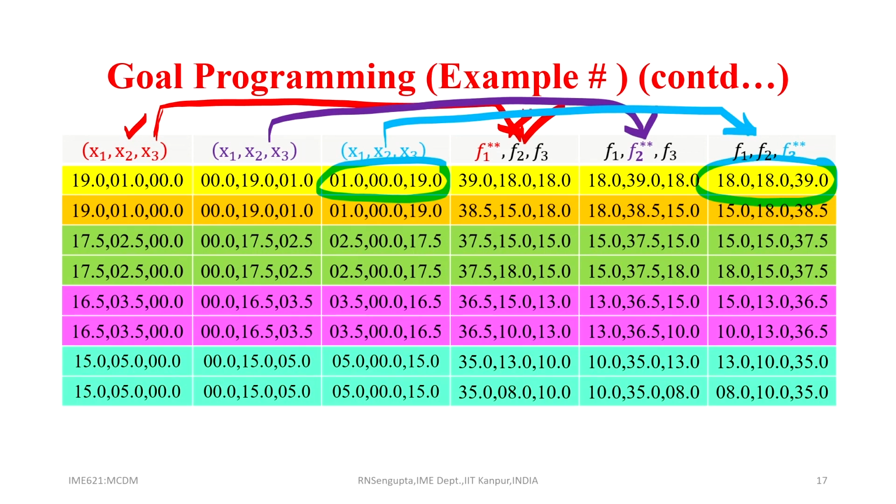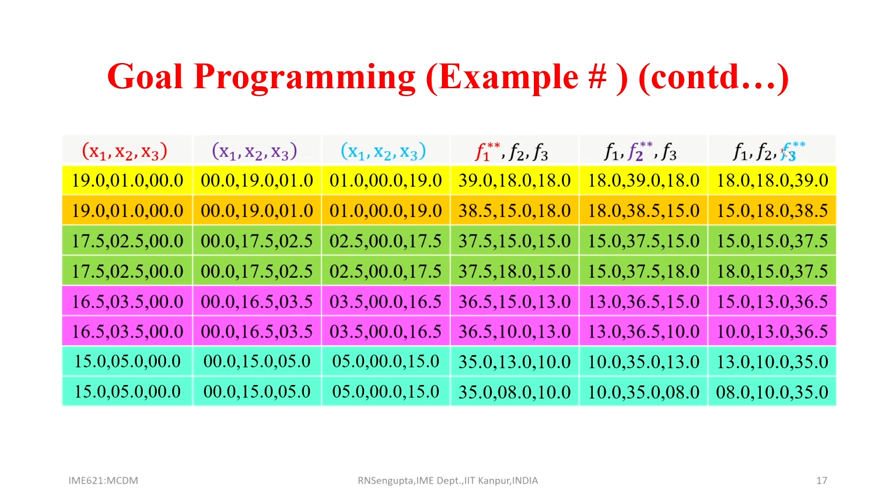If I consider the sum of f1, f2, f3 as the overall objective function, then very interestingly you see the following. I will remove the colors not to make it too cluttered.